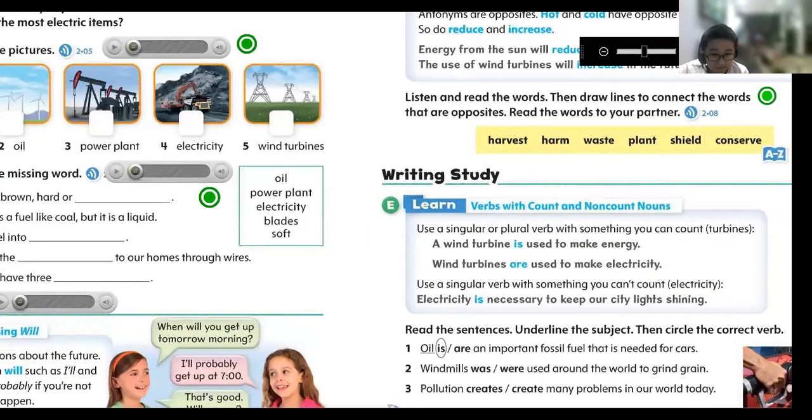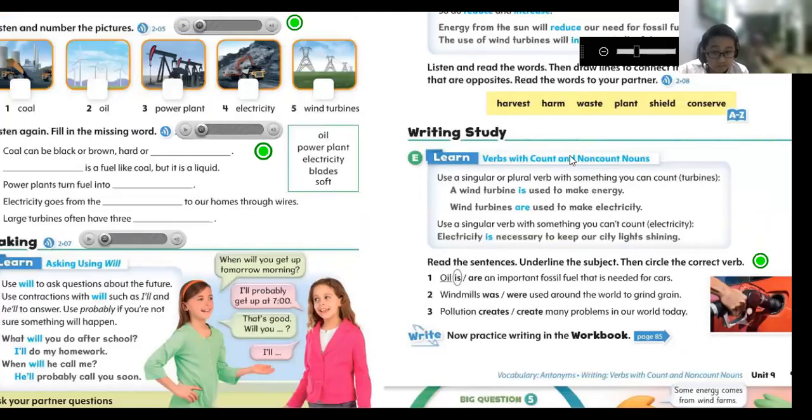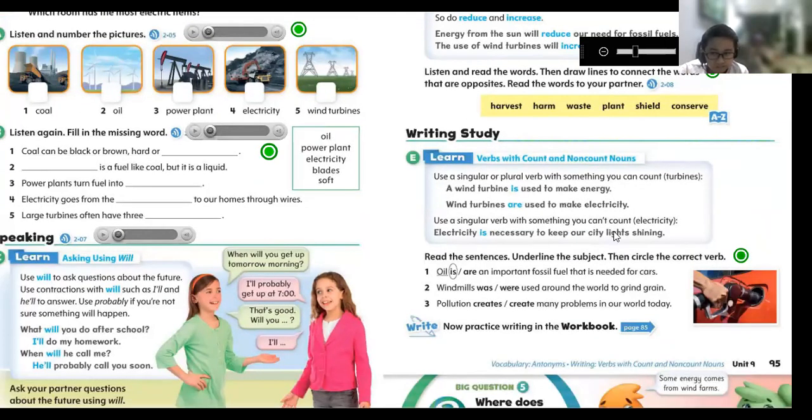So you already know what count nouns and non-count nouns are. So let's learn about countable and uncountable nouns. Can you give me an example of countable nouns and non-countable nouns?